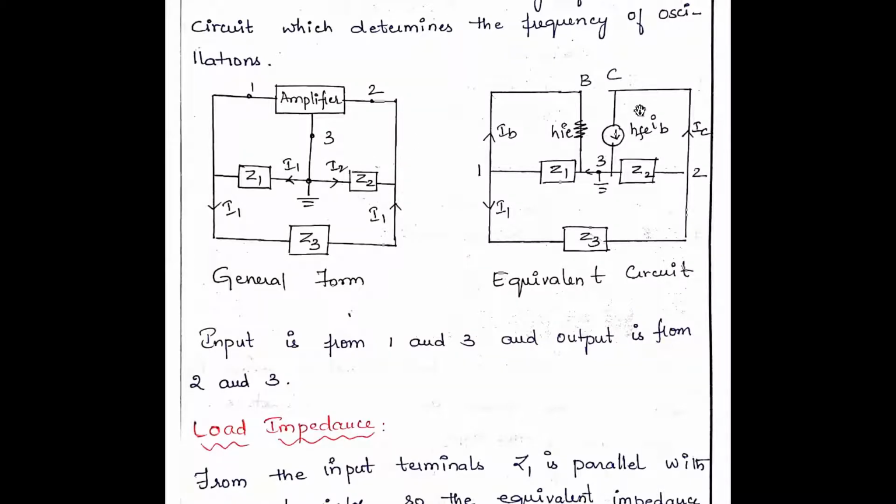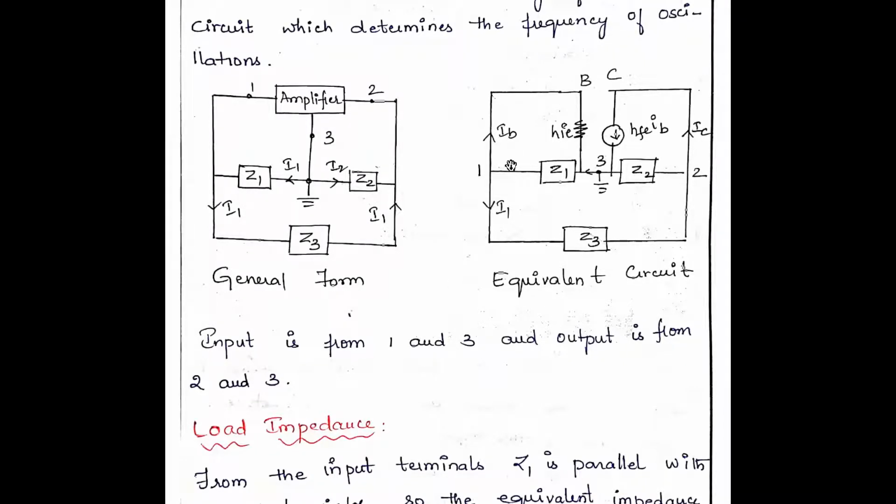Now the current we already have here. The current we can see at the output side is hfe IB. Input side also the current is IB.